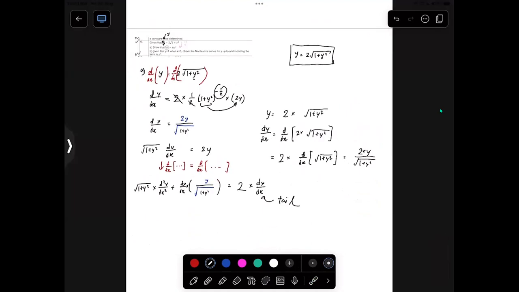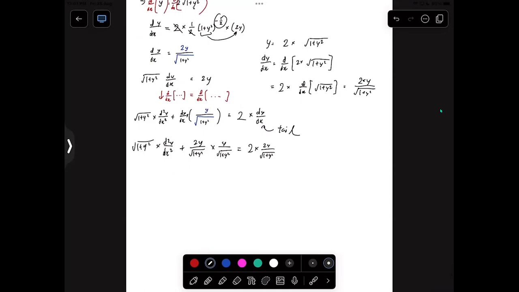Let's see. I think we can just substitute the dy dx. Oh, substitute in the dy dx first. Plus dy by dx, which is how much? 2y divided by square root 1 plus y squared, multiplied by y over square root 1 plus y squared, equals 2 times 2y over square root 1 plus y squared.